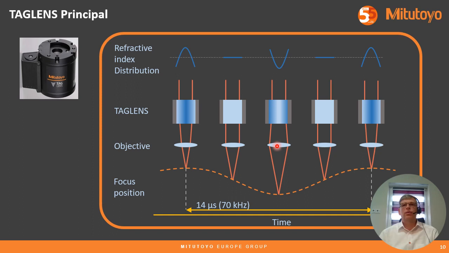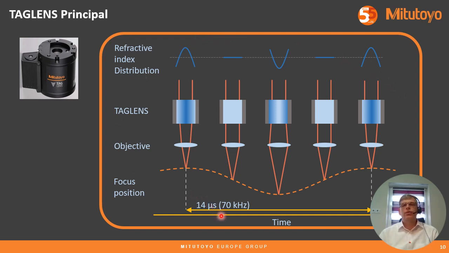Defocusing effects with the objective lens will generate a focus position here at the farthest position, and then it goes back to the homogeneous situation focus position like here, and then the focusing effect here. So this cycle continues all the time during TAG lens operation.